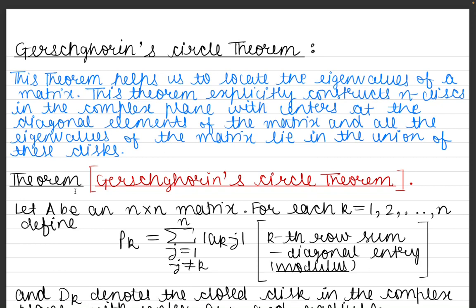So that will be your radius, and A22 will be your center. And you keep on doing this. So you will have n many disks. Here n is the size of the matrix. So Gershgorin circle theorem says that each eigenvalue will be lying in the union of these n many disks.